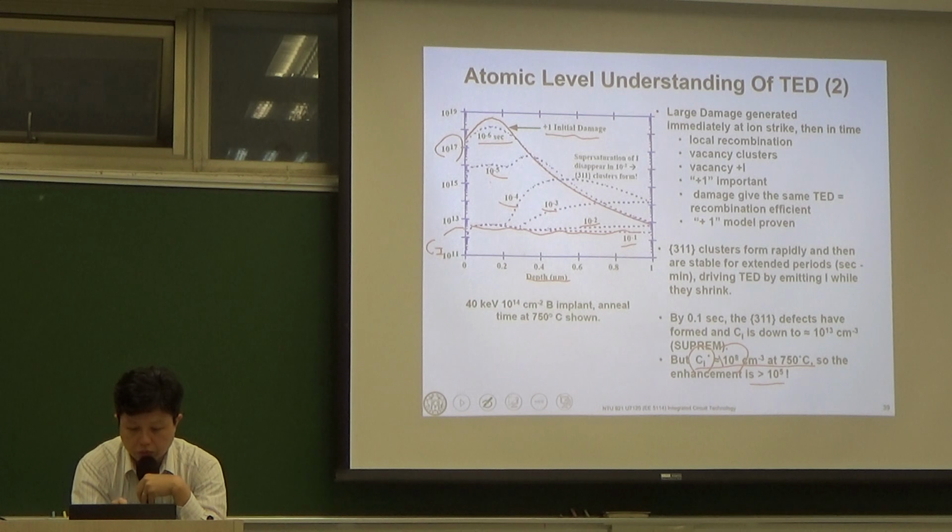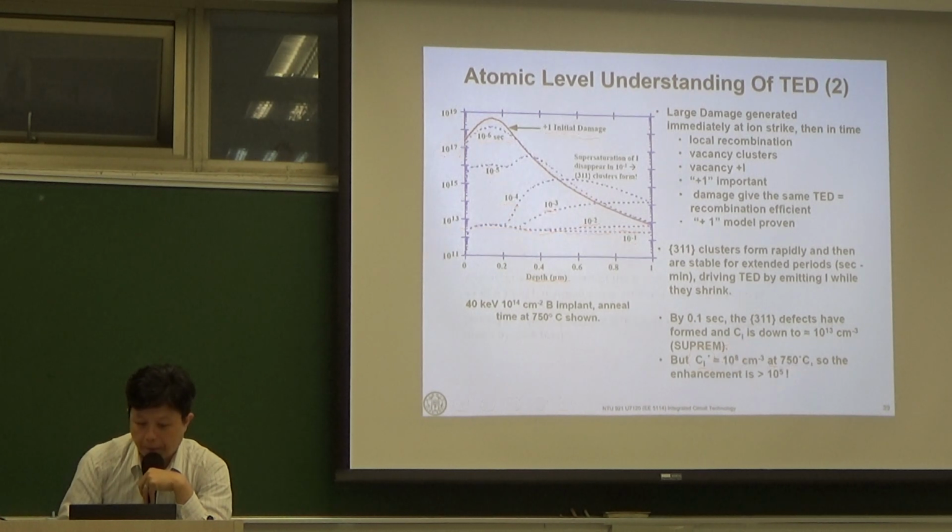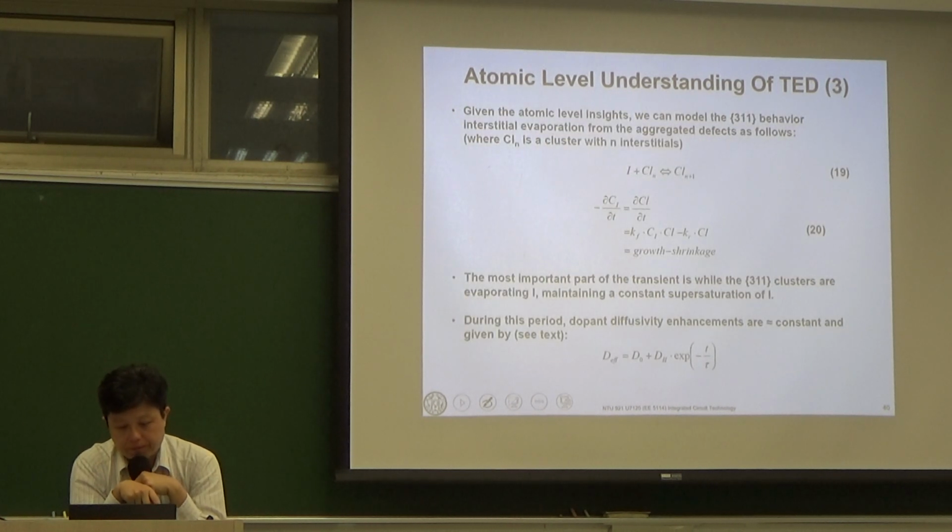When we increase the time, you can see this concentration continues to drop. The decrease of this concentration is due to the ejection of this interstitial defect. So we can use this atomic level insight to explain this TED.